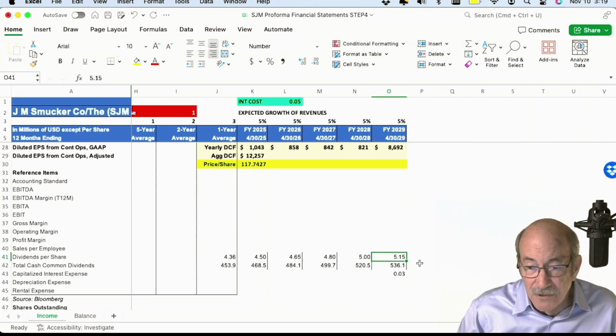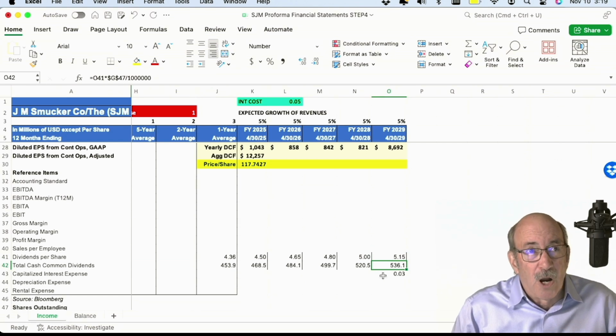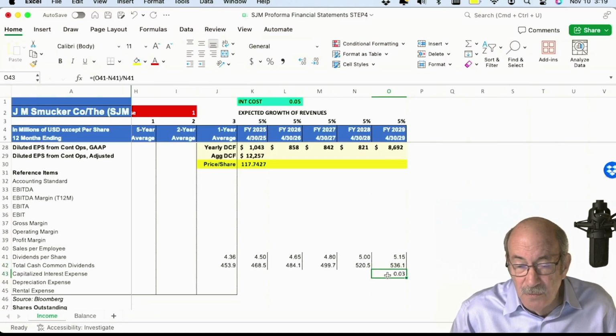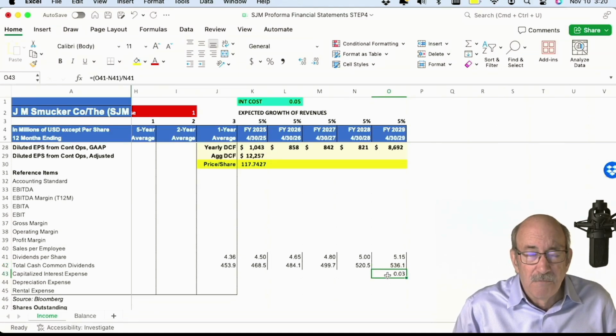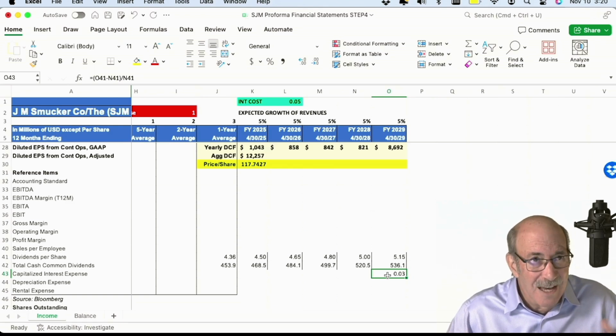It was $5.15 per share, or a total of $536 million. So I use that and I grow it by some rate. And in this case, I've assumed a growth rate of 3%. Very modest, but this is not a tech company. This is not a startup. It's not going to grow at double digits.